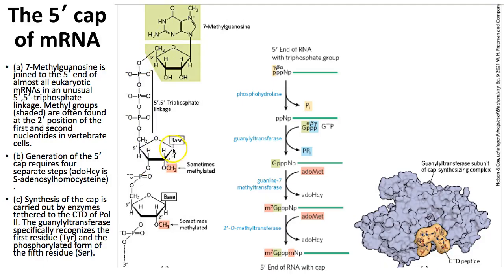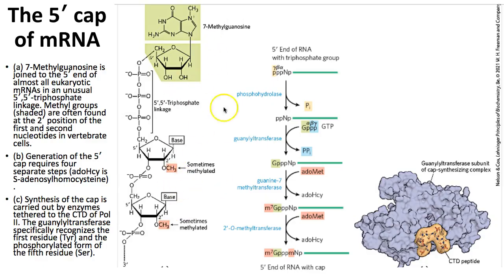Just make sure you can count: 1, 2, 3, 4, 5. That's why it's the 5' position. Also notated, methyl groups are often found at the second position of the first and second nucleotides in vertebrate cells.